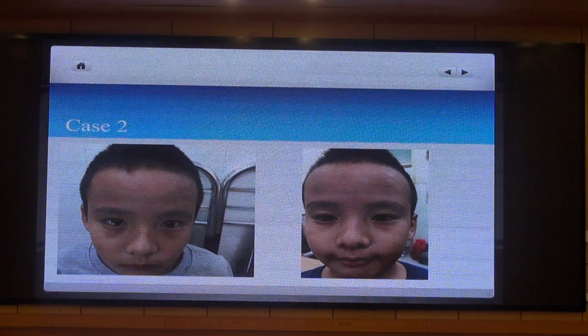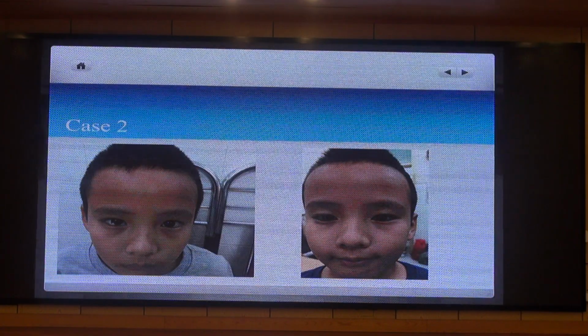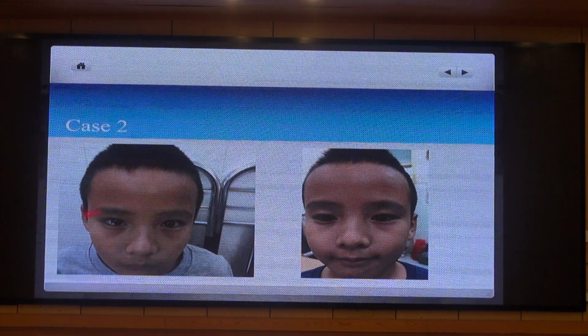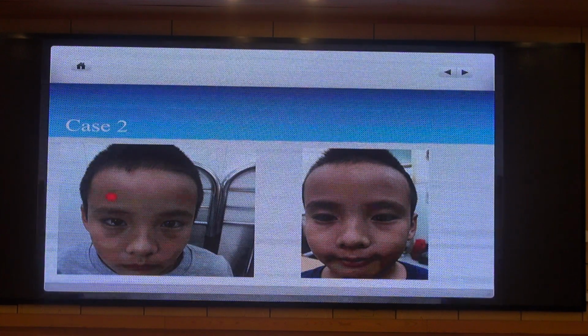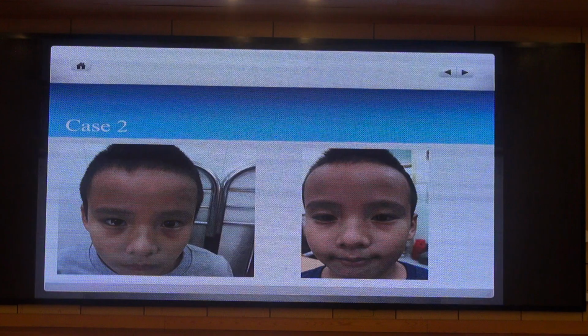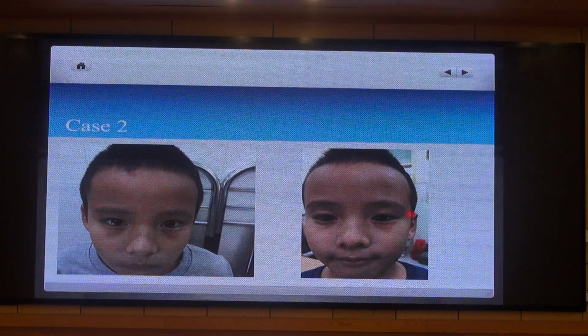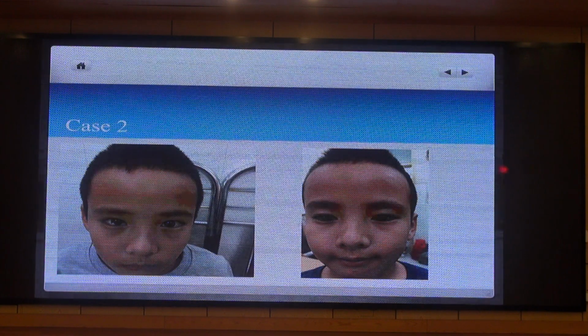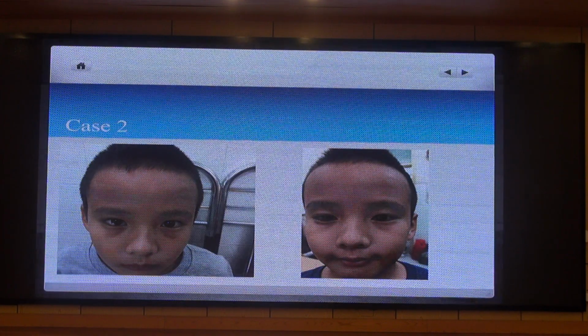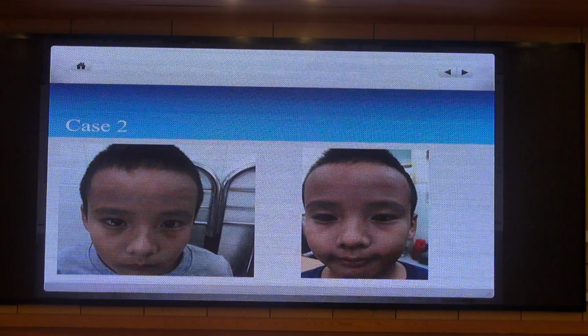And another case, a male 7 years old. When he came to us he was 7 years old, and this is post DALK, 2 years later. The graft is clear and the vision, pre-operation and post-operation, is good, 20/25.